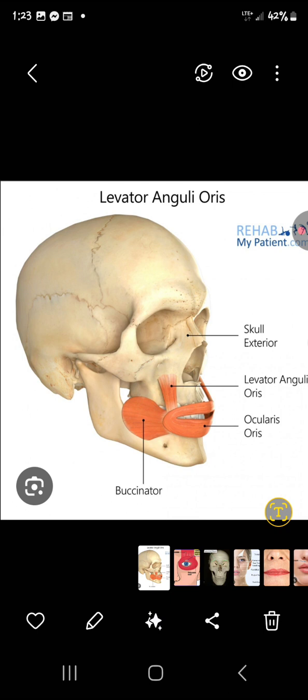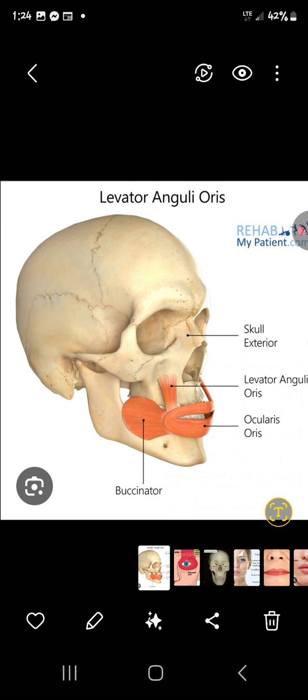This is actually two muscles located in the area of the canine teeth. If you look at the picture on the screen, you can see the levator anguli oris and how it is angled against the corner of the mouth.